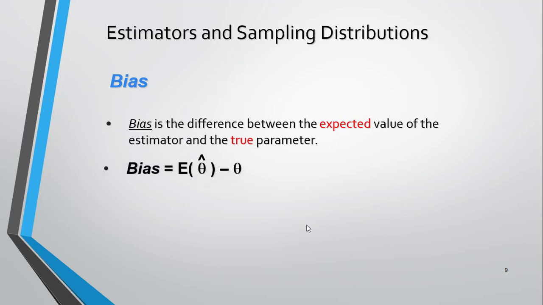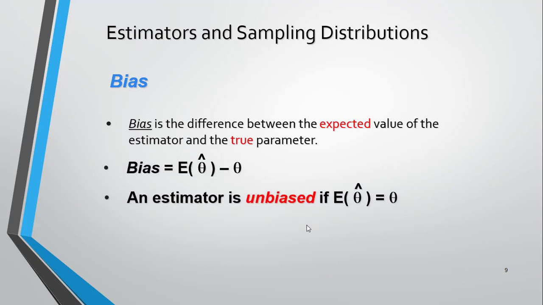Theta could be the mean, standard deviation, or proportion. Bias: the expected value of theta hat may be different from the true value, so there could be bias. Bias is the difference between the expected value of the estimator and the true parameter. Theta is the true parameter, the expected value of theta hat comes from your sample, and the difference between the two is your bias.